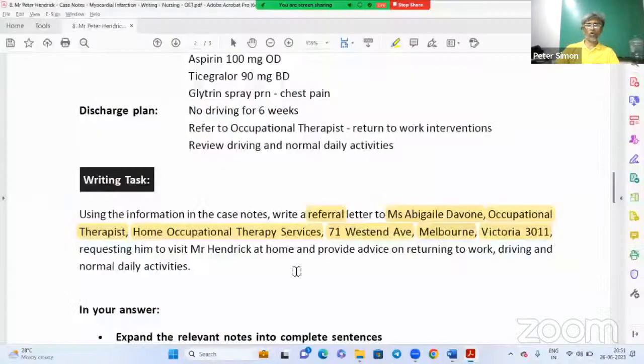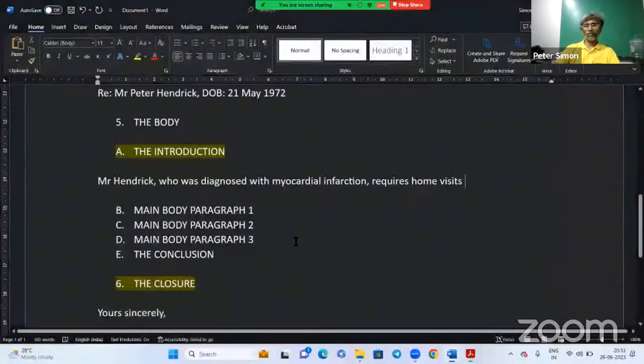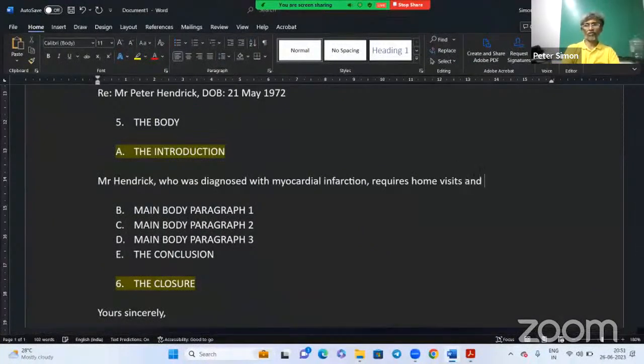Okay, home visits for what? Provide advice on returning to work, driving. So these are the things to provide home visits. Okay. Yeah. Provide advice on returning to work. Home visits and education regarding.